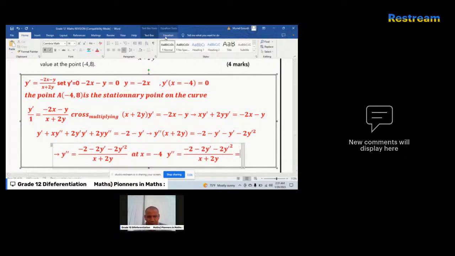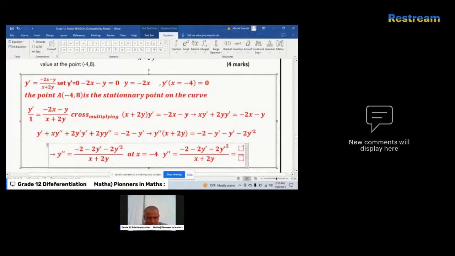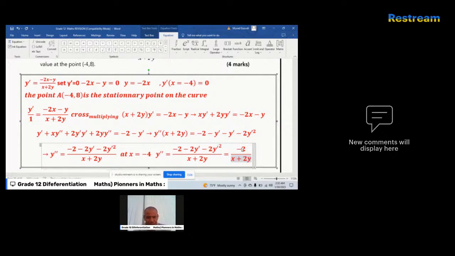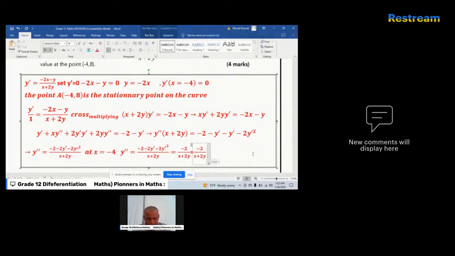So y double dash equals minus 2 divided by x plus 2 cubed. When x is now minus 4, it will be equal to what, learners?